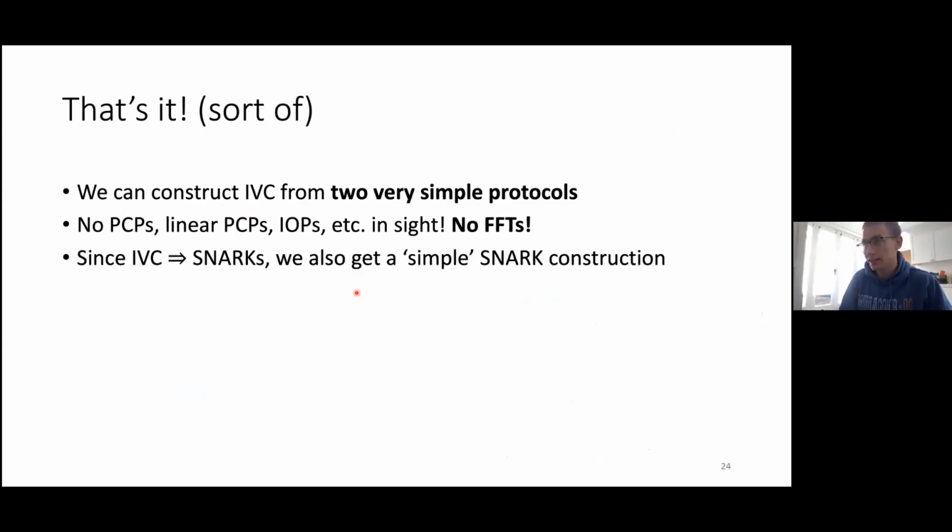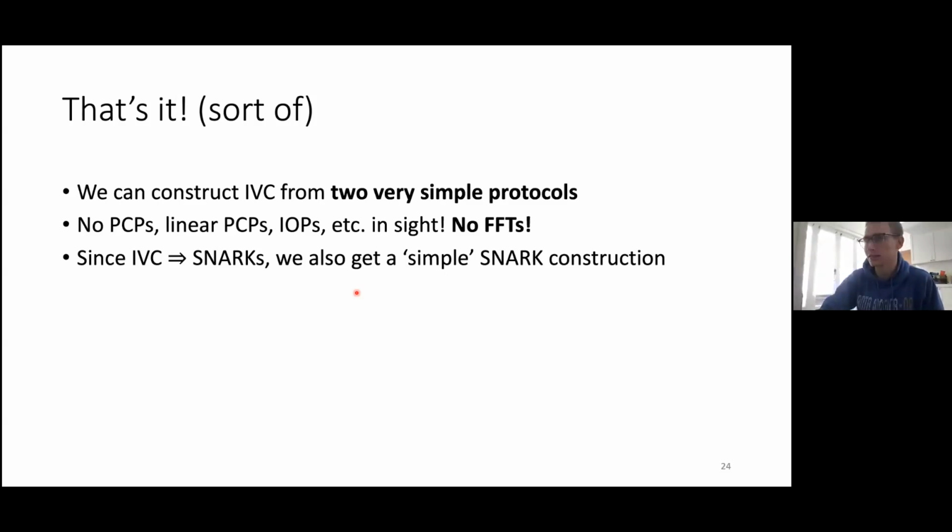And what I think Ariel is alluding to is that this actually does give us a SNARK in the end, because an IVC gives us a SNARK. So basically from really trivial stuff, if we go all the way through our machinery, we actually get a very simple SNARK construction at the end.